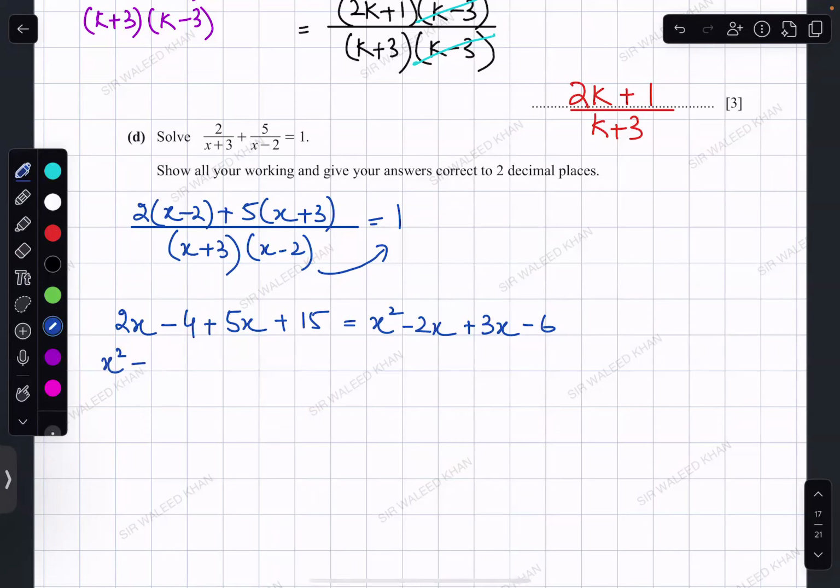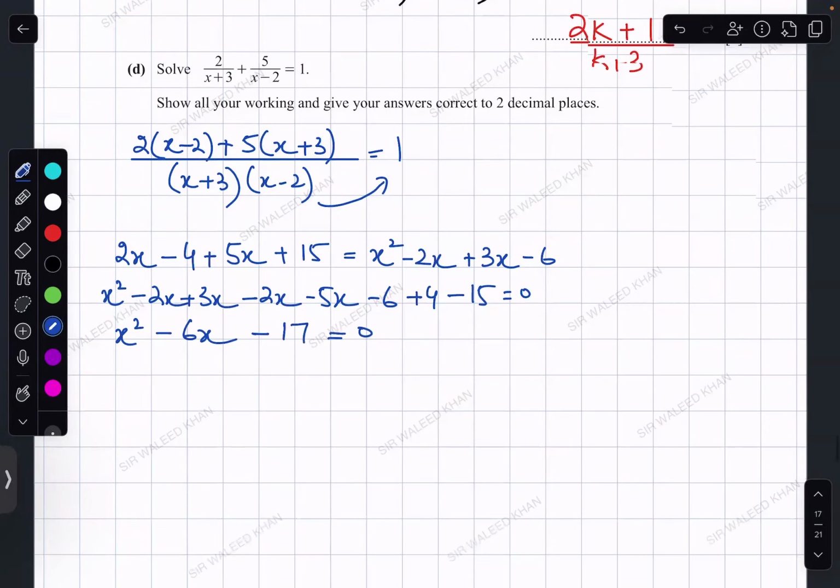Okay, let me just group them so that you don't get confused. And I'm taking all the others to the right side. Minus 2x, minus 5x, everything to the right side. Let's become positive. Minus 6 plus 4 and minus 15. We have x squared minus 4 minus 9x. So minus 6x. Then 15 minus 21 plus 4, minus 17.